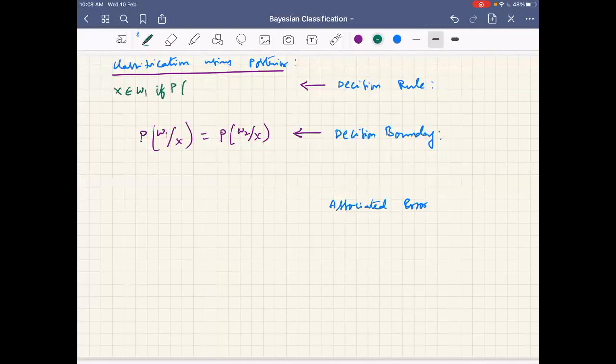This is simply the decision rule. Correct or not? Else x belongs to omega 2. If we have more classes, then how will this decision rule change?